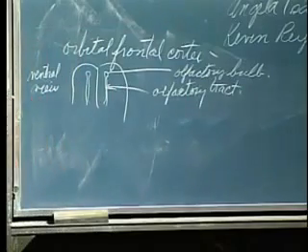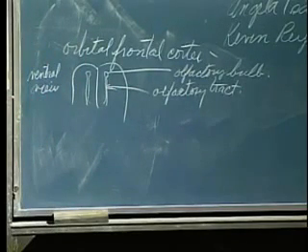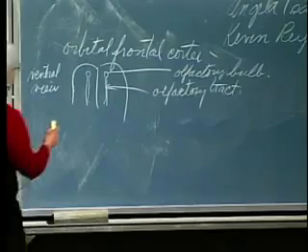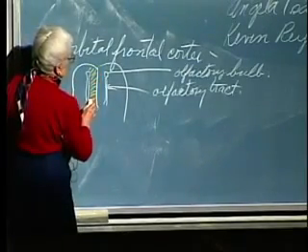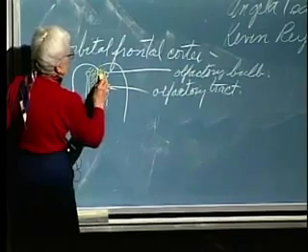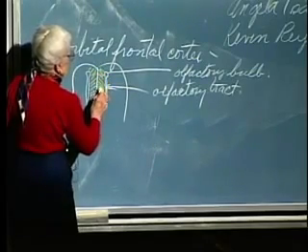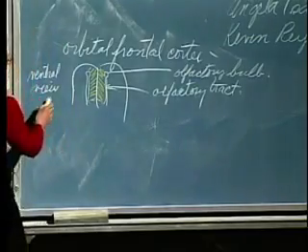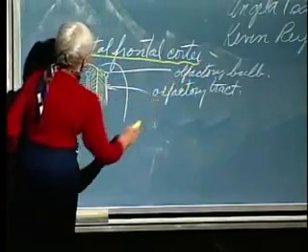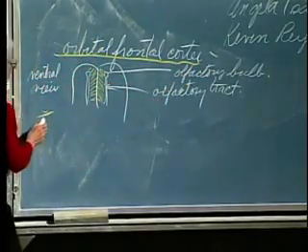And our orbital frontal cortex then will be this area. It's orbital frontal, as we see it from this plane. And it will deal with emotions.